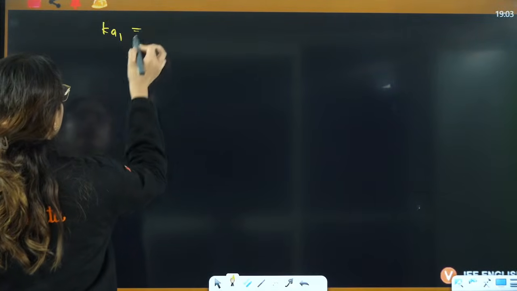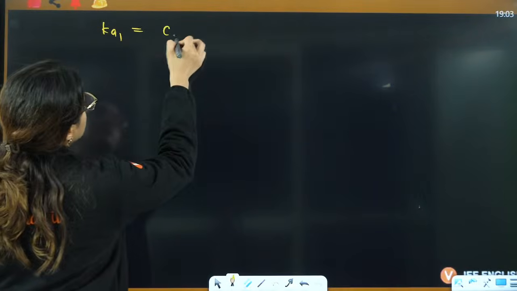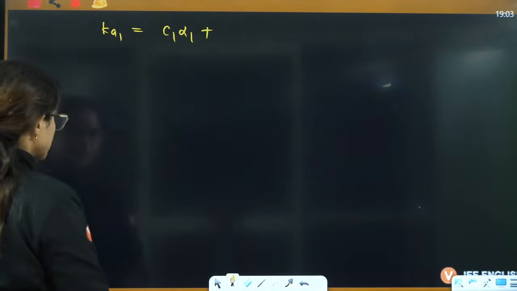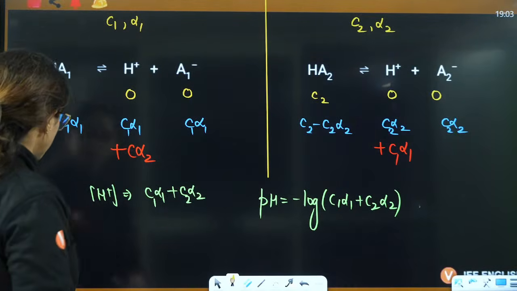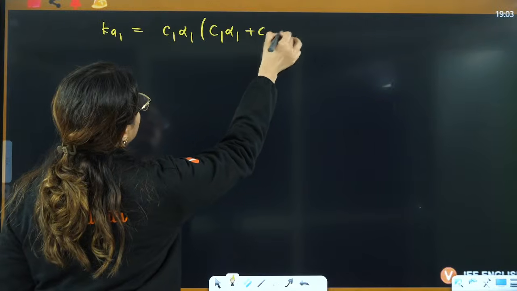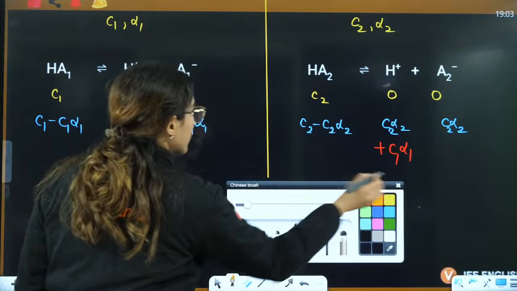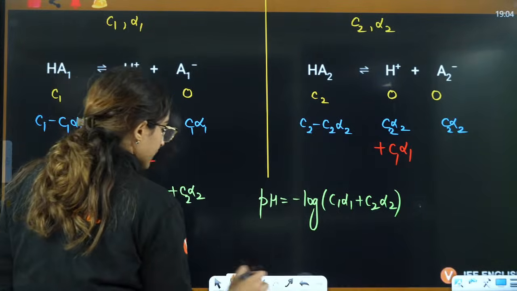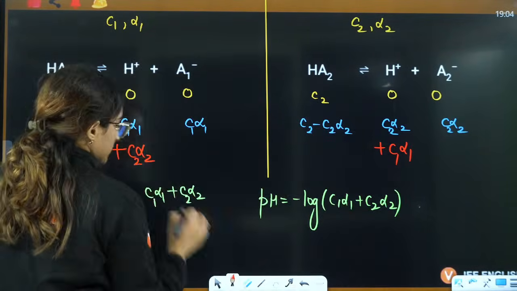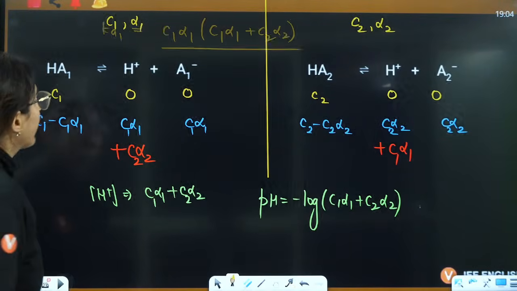Ka1 is going to be C1 alpha 1 multiplied by C1 alpha 1 plus C2 alpha 2, divided by C1 common, 1 minus alpha 1.